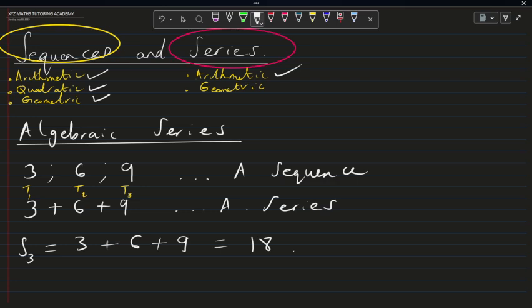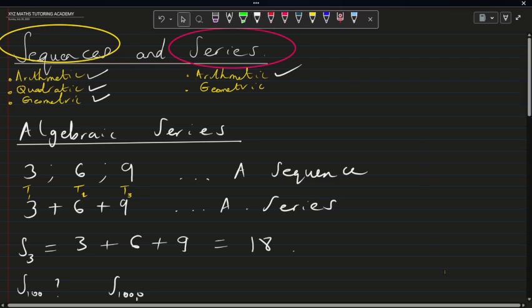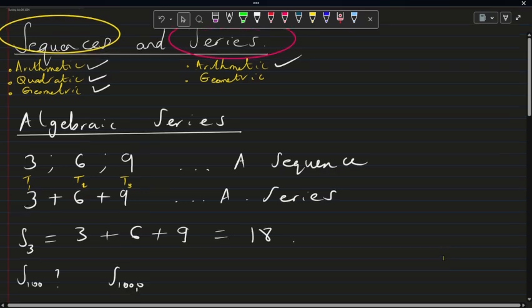But what if we are looking for S100 or S1,000 for that matter? It will not be practical for us to expand the series and write 100 terms or 1,000 terms and then try to add all of those terms together. That will take forever.